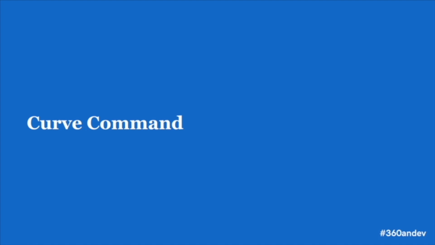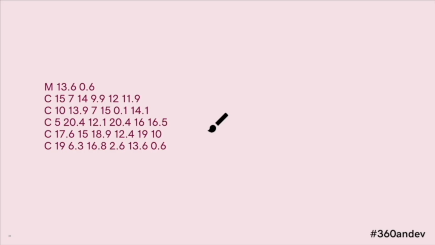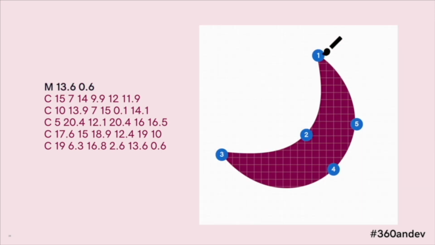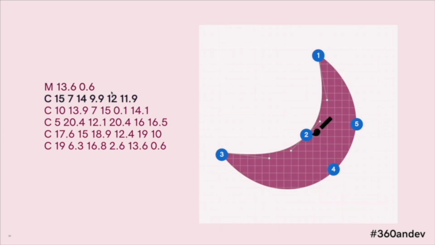So now let's look at the curve command. This is a set of curve commands which we can use to create a moon-like shape. Firstly we use the move command again. Then we use the curve-to command. In this case we go to this point 12, 11.1, 11.9, and we have these two control points which are depicted by these lines.